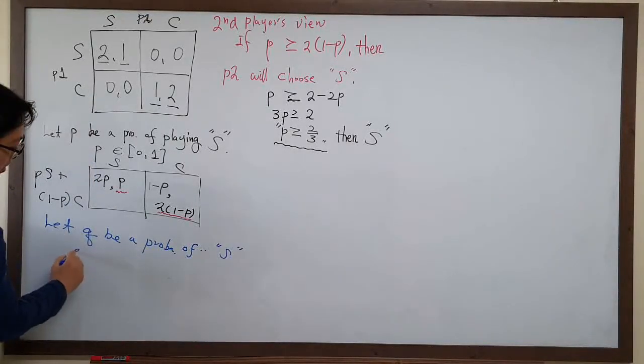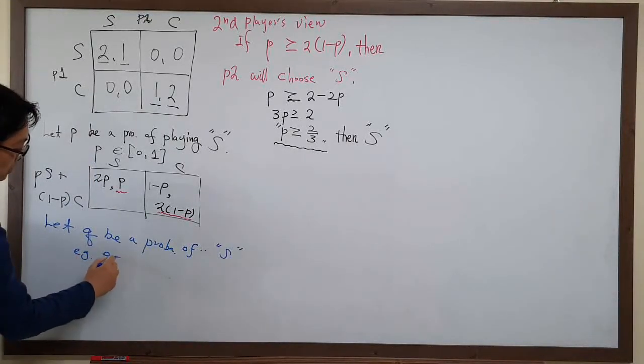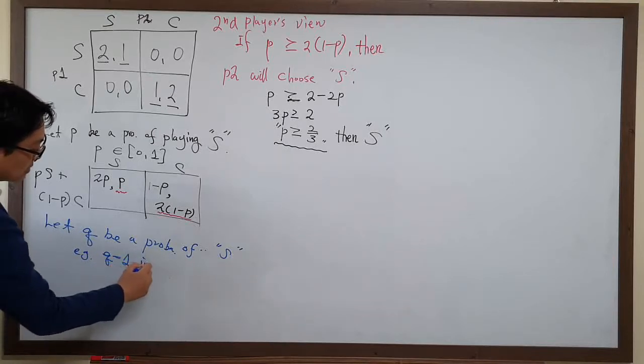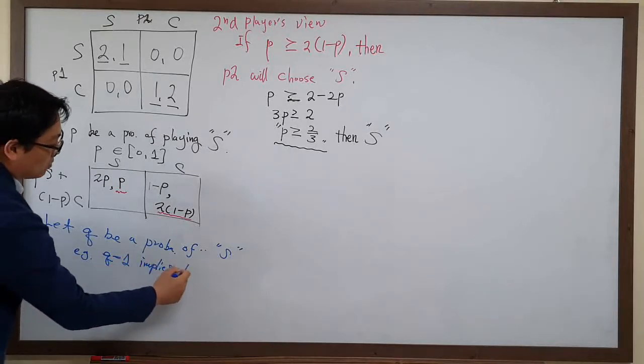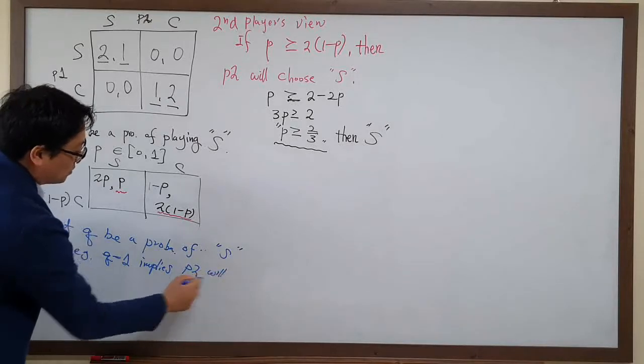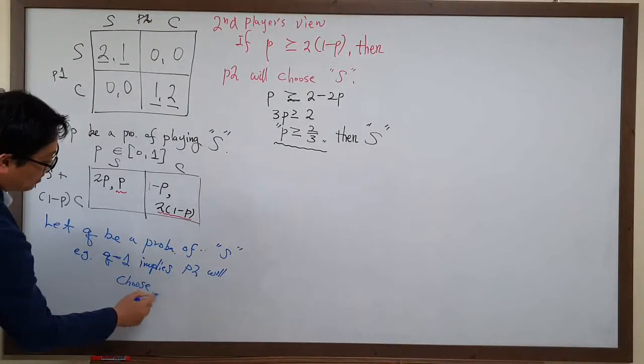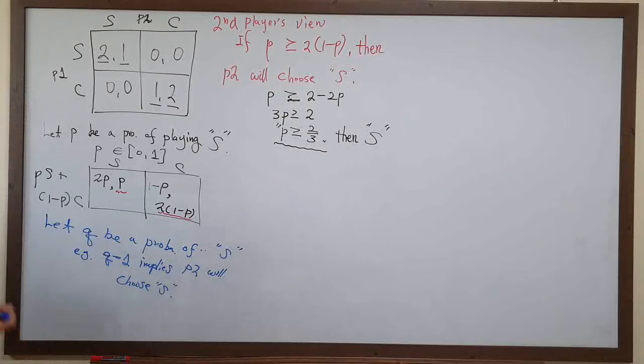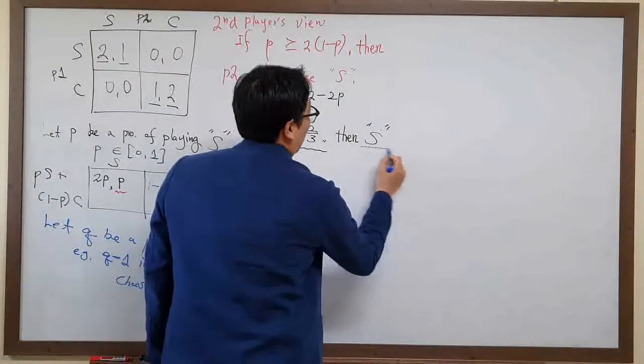For example, Q equals 1 implies the second player will choose S. So we can rewrite this.